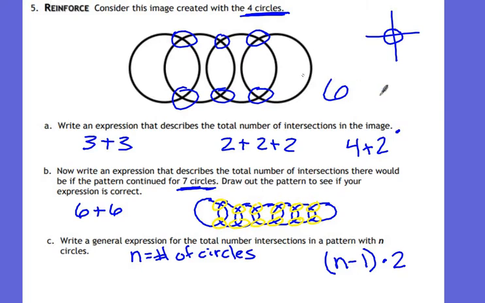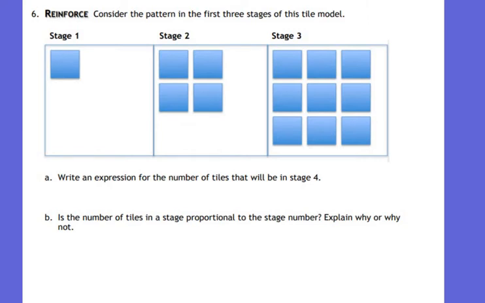Alright, so let's take a look at number 6. Doing the same type thing. It says consider the pattern in the first 3 stages of this tile model. So in stage 1, looks like I have 1 square. Stage 2, 4 tiles. Stage 3, I got 9. So A says write an expression for the number of tiles that will be in stage 4.